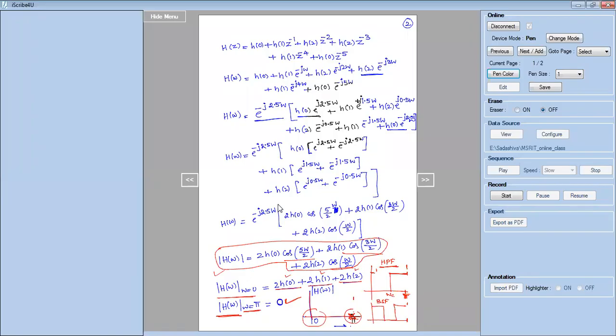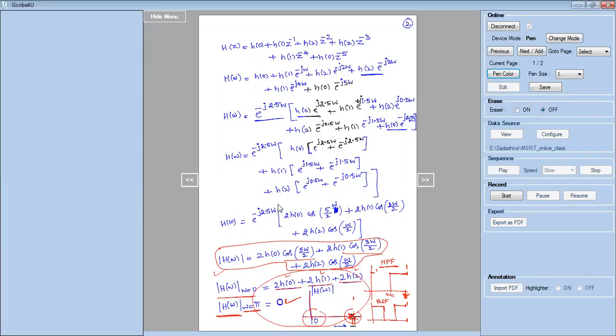Yes, sir. Similarly, even the band stop filter is expected to have a magnitude response of 1 at omega equal to pi. But that is not happening in this scenario. That's not happening in the type 2 filter. So that's why type 2 is not suitable to design the high pass filter and band stop filter.